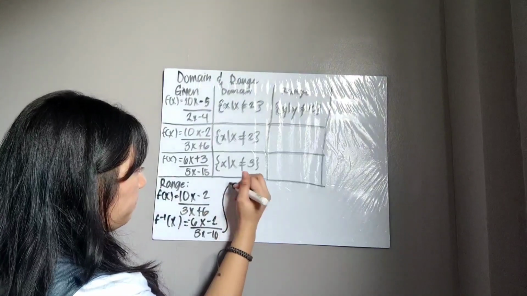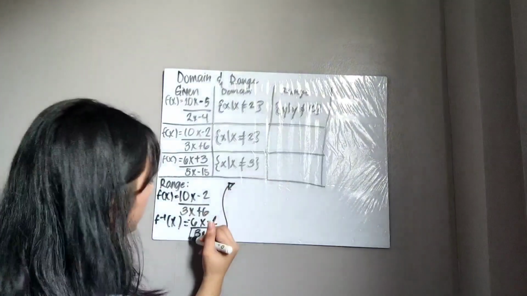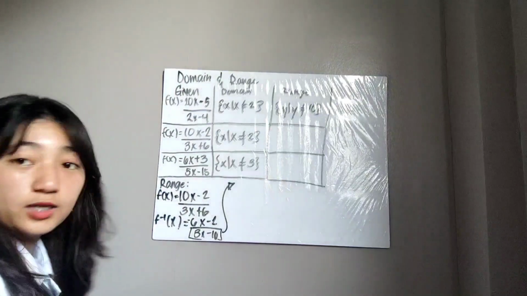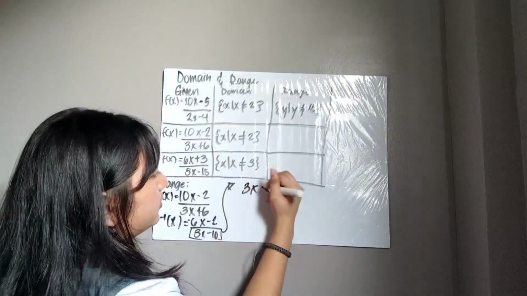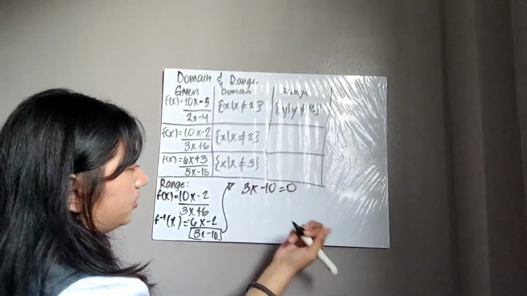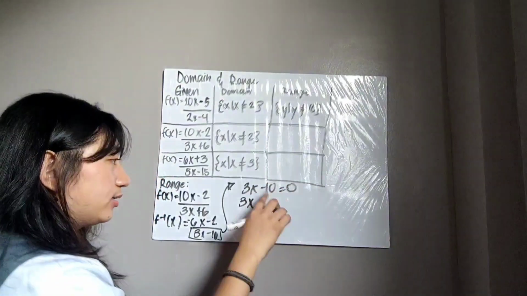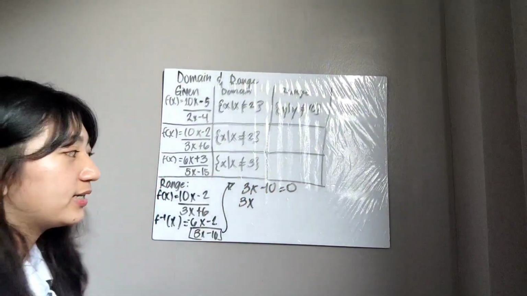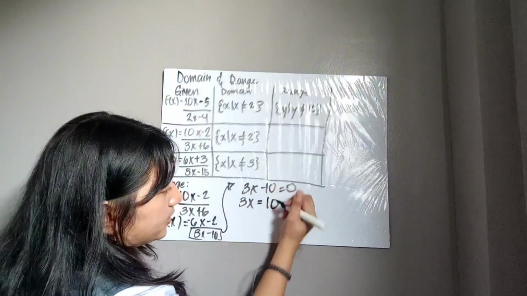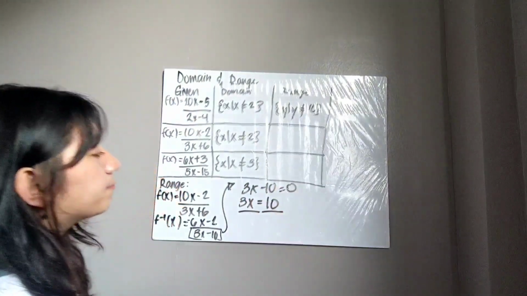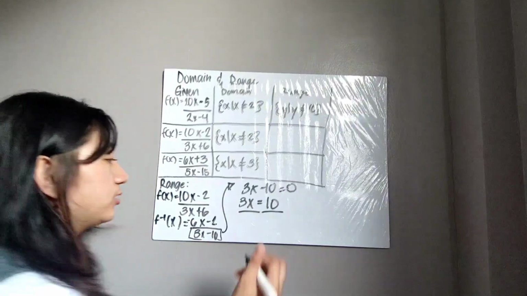So, kunin na natin yung denominator. 3x minus 10 is equal to 0. So, lilipat natin si negative 10 para matira si 3x. Magiging positive, pag nalipat ay iba. And para matanggal si 3, divided by 3.